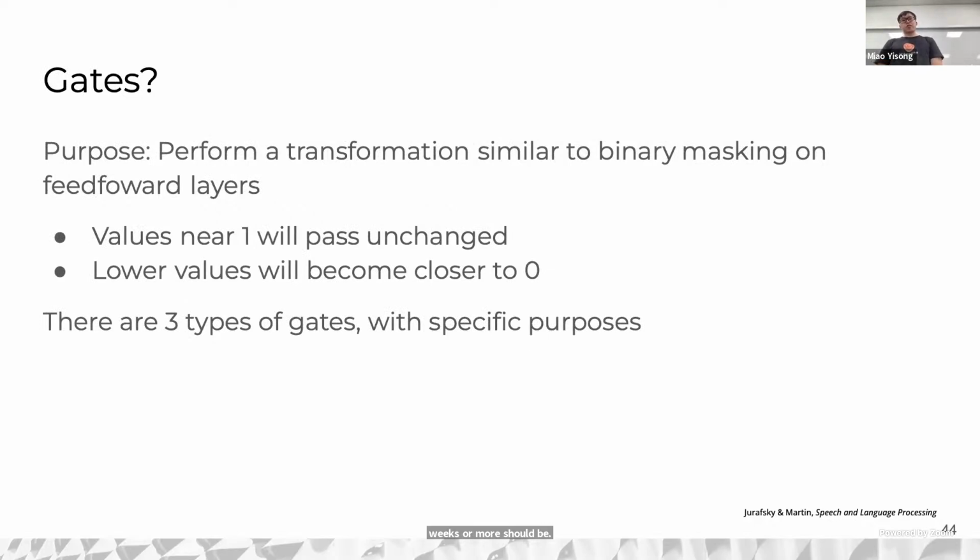How this more efficient updating works is that you perform a transformation similar to binary masking, in which values near 1 will be left unchanged, but the lower values will become closer to 0. And there are multiple types of gates within each unit.